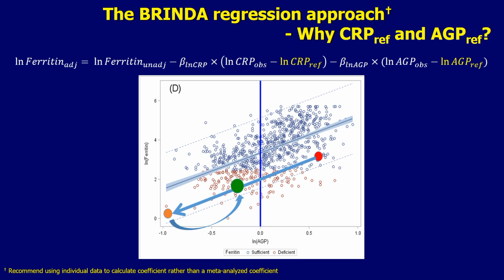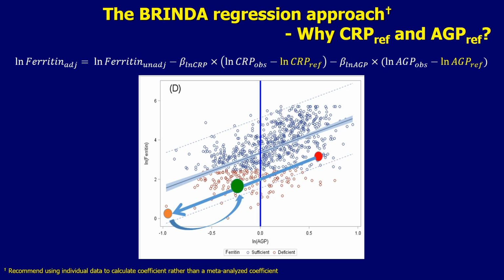The big red dot is a hypothetical child in Kenya who has elevated AGP and a ferritin above the cutoff, so this child would be classified as not being iron deficient. What would his or her iron status be if inflammation was removed?